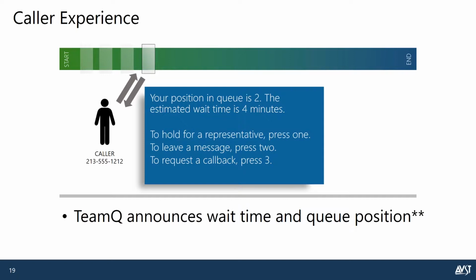But what you will do is offer them a choice of how they'd like to be serviced. If they want to hold for a representative, they press 1. To leave a message, press 2, and then it goes into our messaging system, and you have all sorts of options with that. Or if they want to request a callback, they press 3. Now, if the caller presses 3, as an option, you can ask them if their ANI number is a valid callback number.